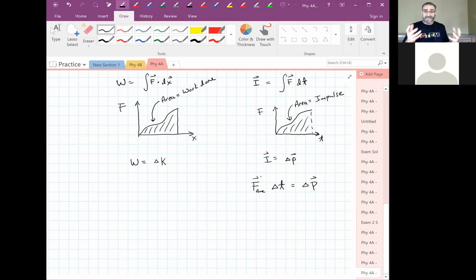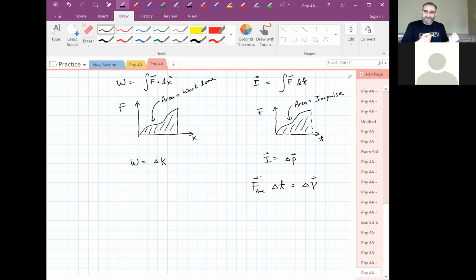The gun is much more massive than the bullet, so it doesn't come back with as much speed as the bullet comes out, obviously, but it still recoils and hits your shoulder. And they sell all kinds of devices for guns to, what they say, reduce the recoil. Can you reduce the recoil? No. If the bullet comes out with a certain amount of momentum, the gun has to go back with the same amount of momentum.